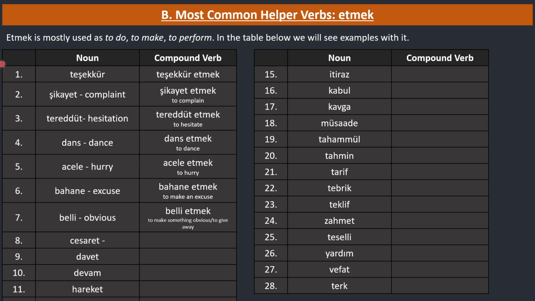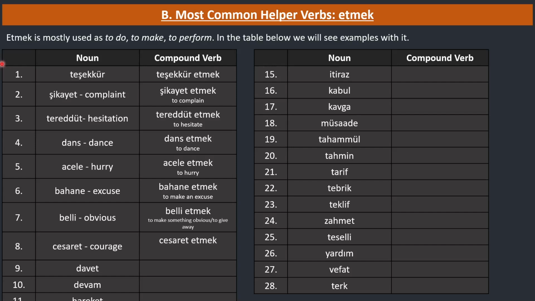So, yeah, courage or bravery. I will go with courage. And cesaret etmek. Now help me here with English. When you do courage, to be brave, to show bravery.